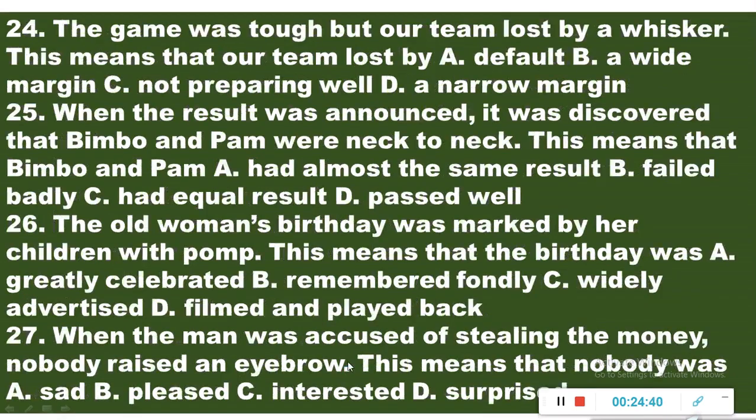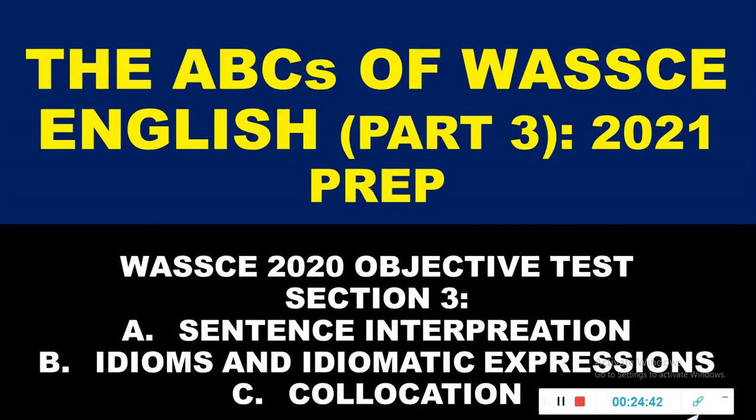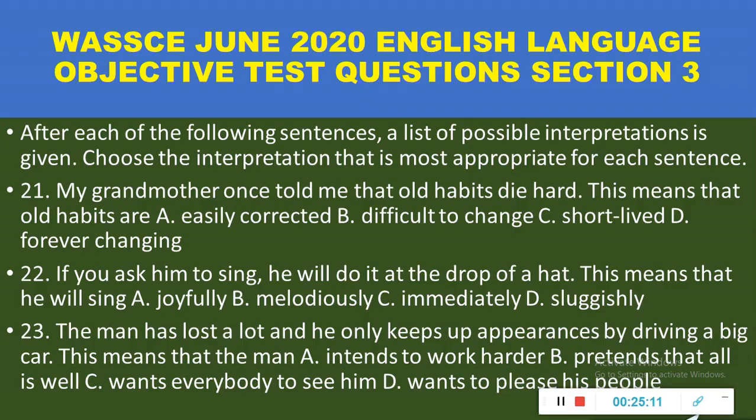So that is how it has been in today's video. We have been looking at the ABCs of West African Senior School Certificate Examination English, and today we looked at part 3 in our preparation for 2021 West African Senior School Certificate Examination. We specifically looked at the West African Senior School Certificate Examination of 2020, the objective test, and we looked at section 3. All right, you can see that we looked at all the questions in section 3 which are dealing with sentence interpretation.